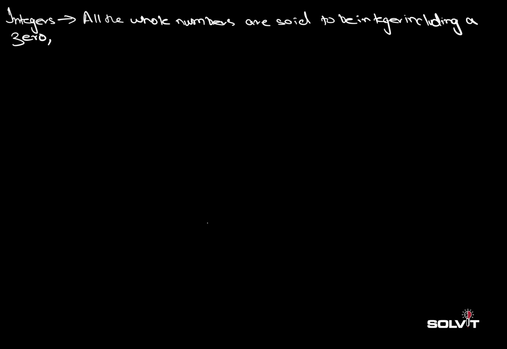So what does this mean? All the positive and negative numbers, including 0, are said to be integers. For example, it could be negative 10,000, positive 999. Any whole number is said to be an integer, including 0.